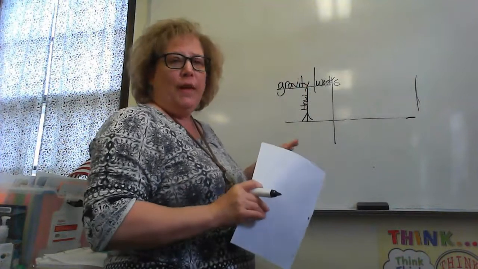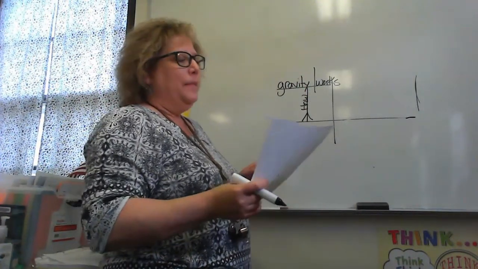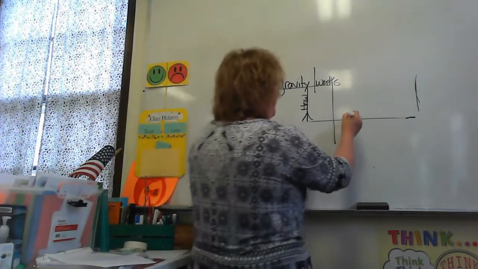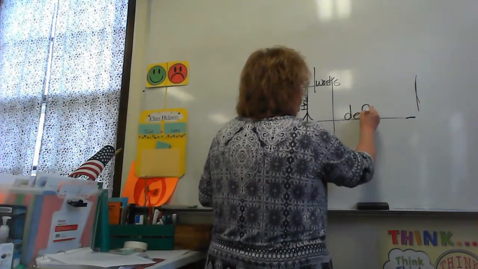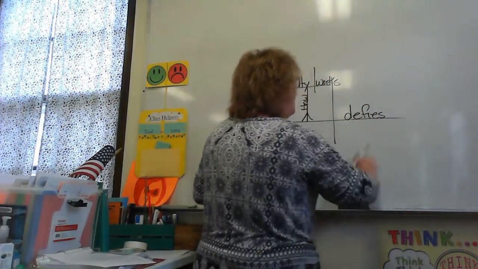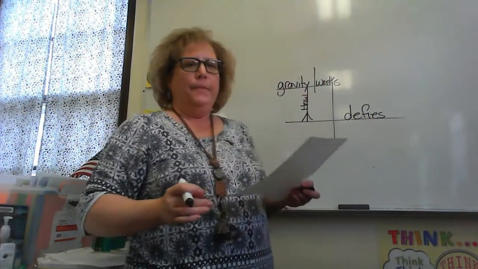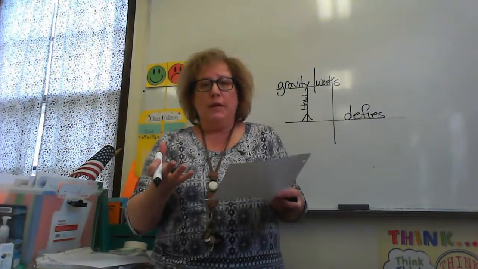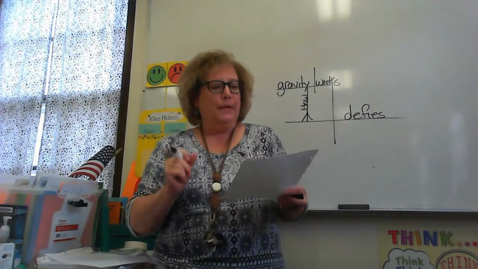The whole thing is our subject. The verb is defies. And then if we were going to include our direct object, we would put that in there. So hopefully you see now we're working with a group of words, not just one word, to be the subject.